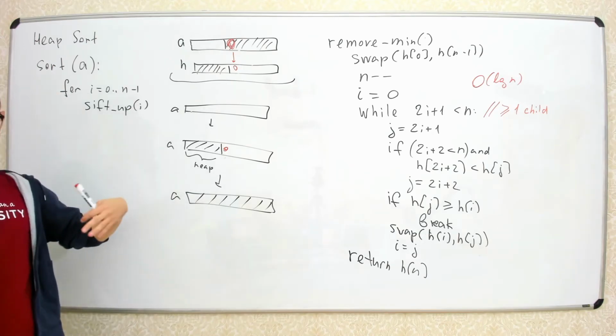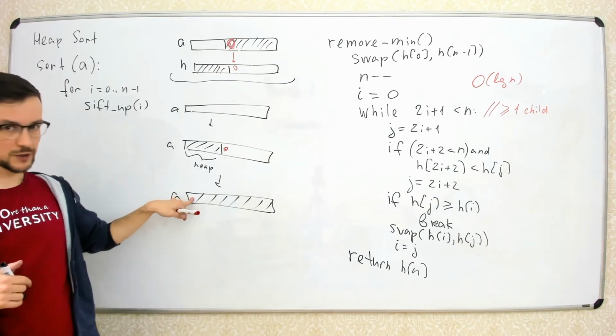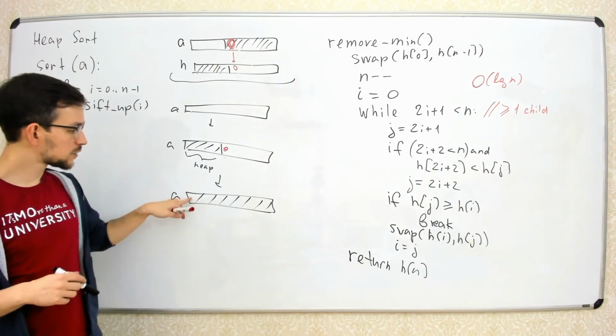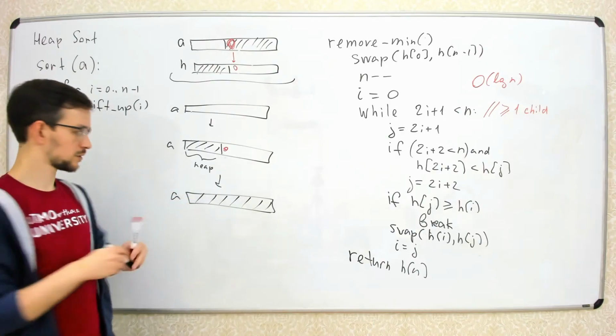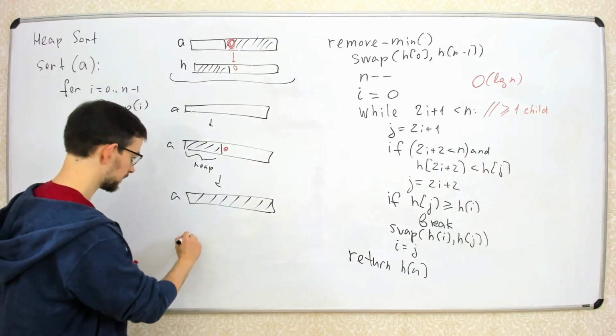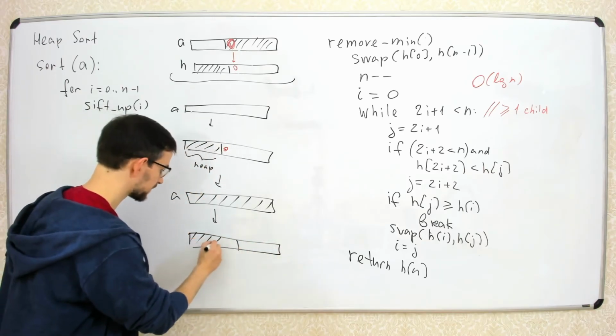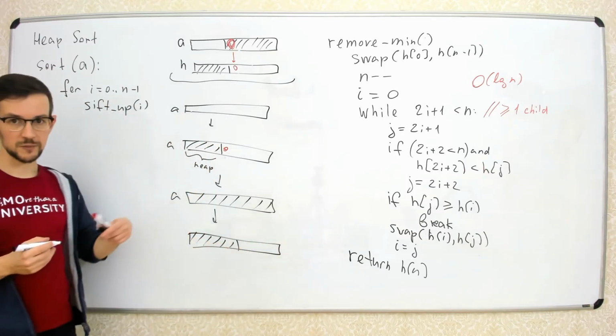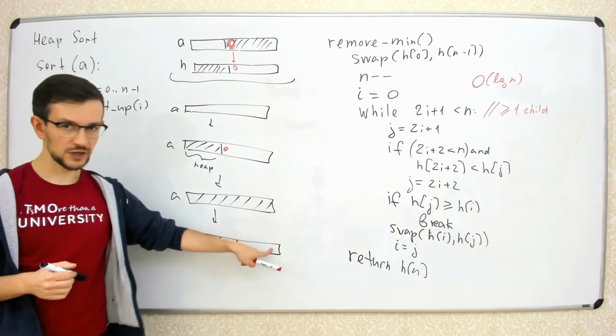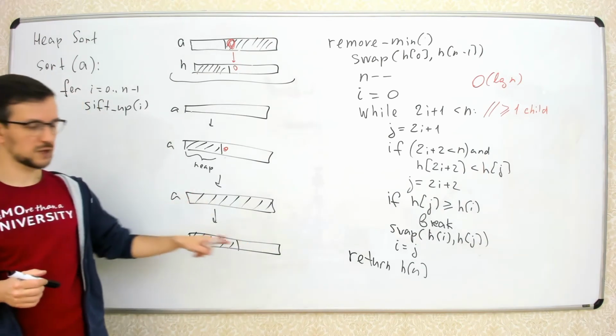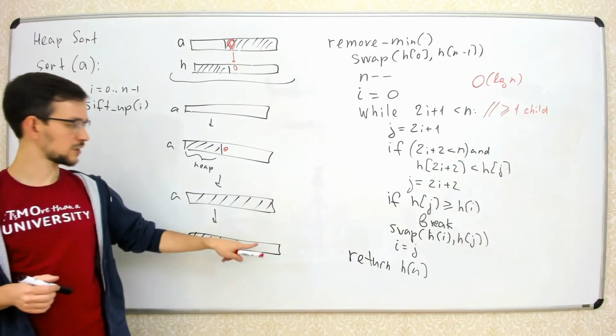And now you remove elements from the binary heap. So each time you remove an element and put it in the end of the array. First you remove the first element, put it in the last position. Then you remove the next element, put it here, remove the next element, and so on.